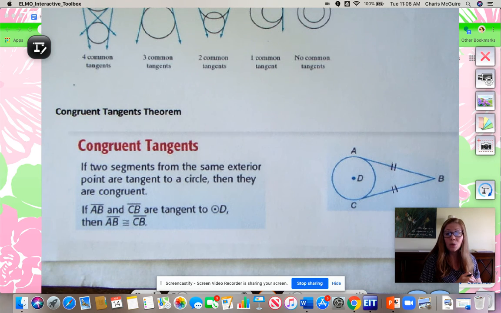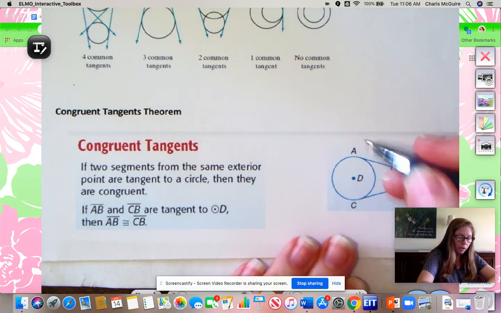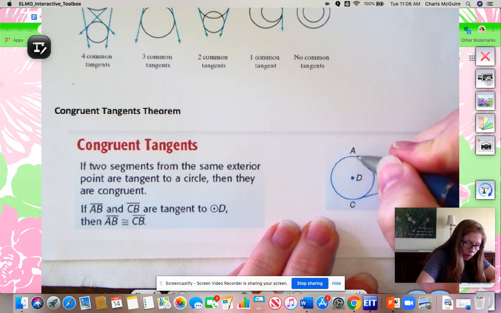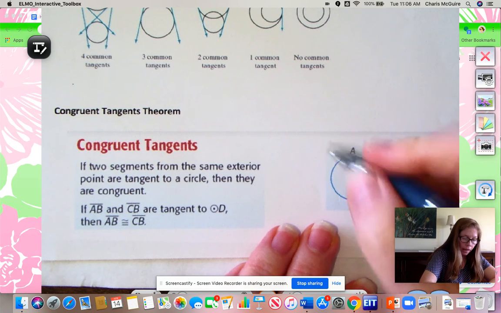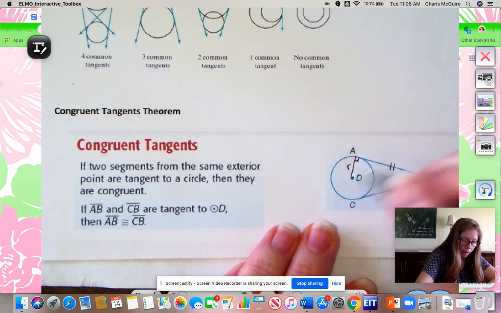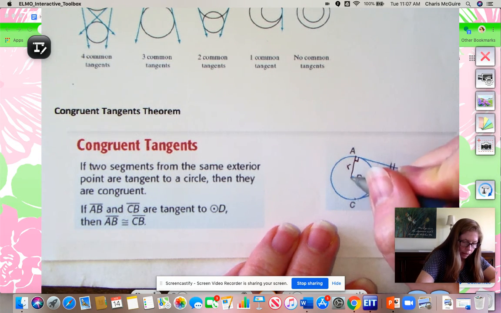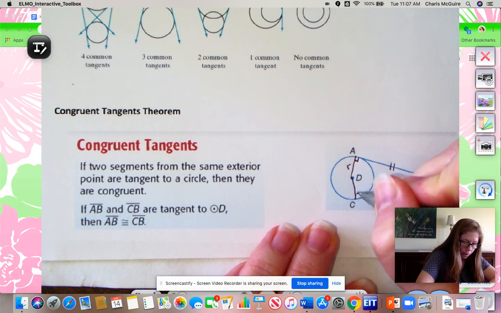Now, here's the cool thing: watch what happens when I draw in, right? If this is point A right here, and I know it makes that right angle, and this is a radius, and then point C is somewhere right here. I'm just drawing these in by hand.